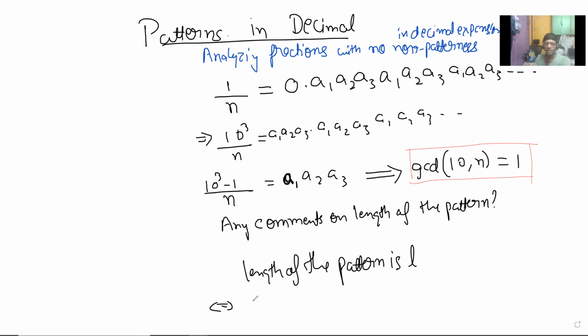That is the same thing as the smallest L in 1, 10, 10 squared, and so on, which leaves a remainder 1 when divided by n.